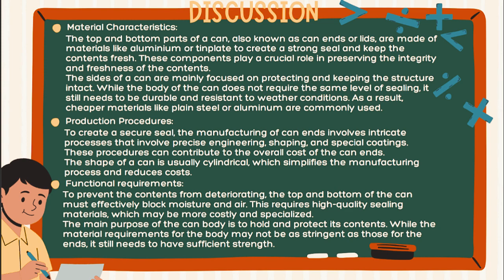The last one is functional requirement. To prevent the content from damage, the top and bottom of the can must effectively block moisture and air. This requires high quality sealing material which may be more costly and specialized. The main purpose of the can body is to hold and protect its content, while the material requirement of the body may not be as stringent as those for the ends, it still needs to have sufficient strength.